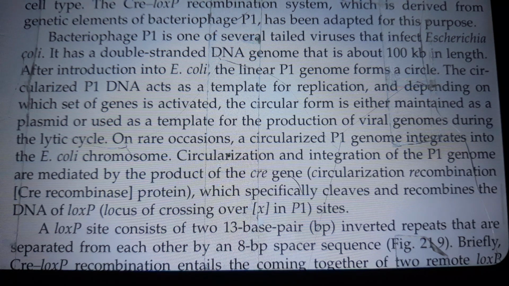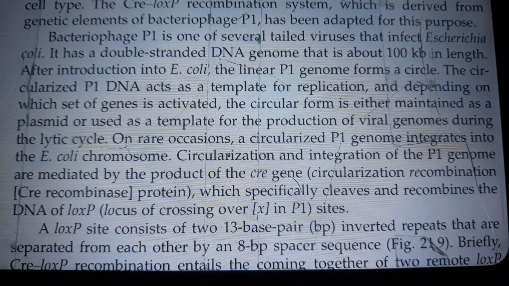The circularized P1 DNA acts as a template for replication, and depending on which set of genes is activated, the circular form is either maintained as a plasmid or used as a template for the production of viral genomes during the life cycle.